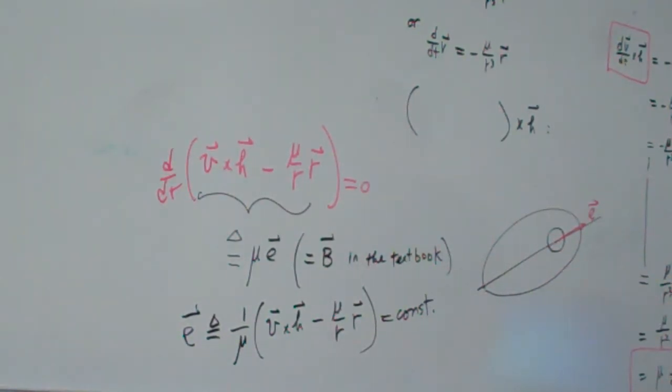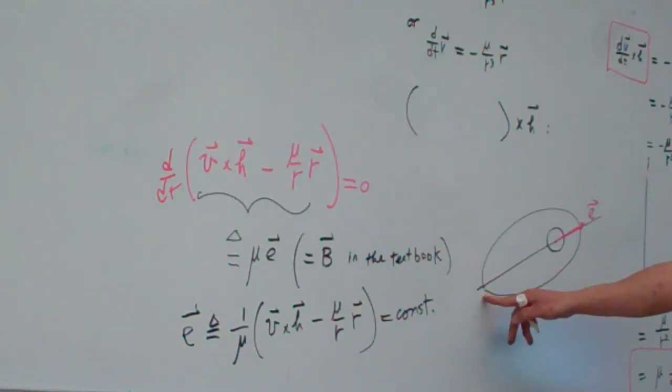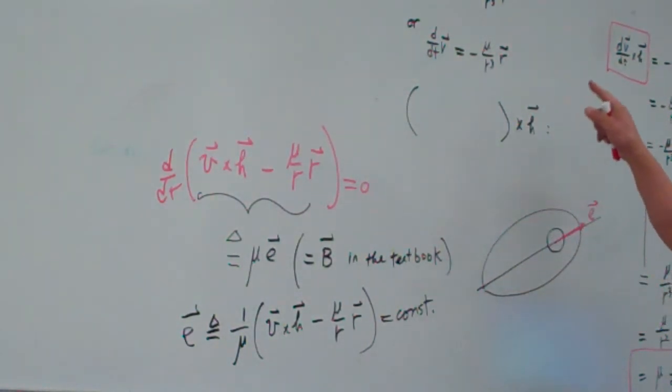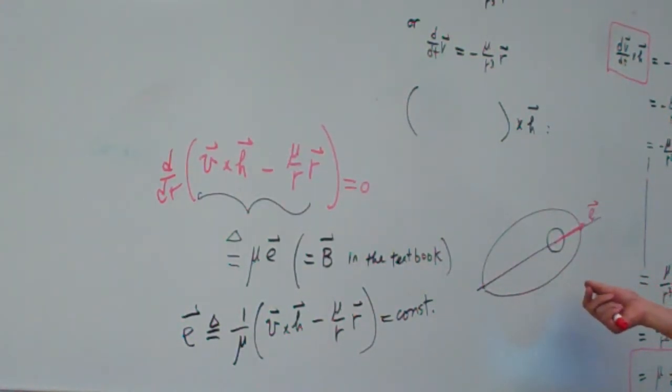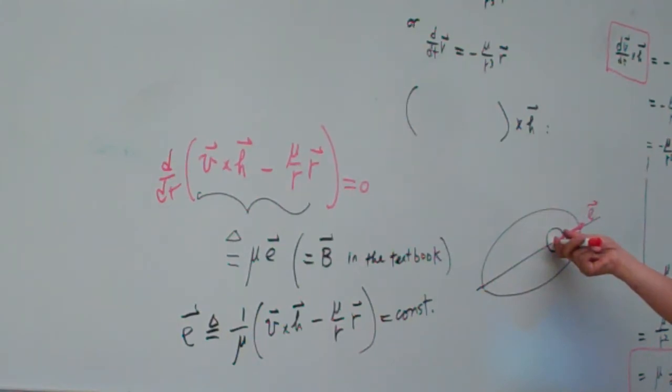I wouldn't guarantee which, but for sure the E vector is aligned with the line connecting perigee and apogee. So the E vector is aligned to the orbital plane, and the E vector is normal to H. H is the direction of the plane. Okay, good.